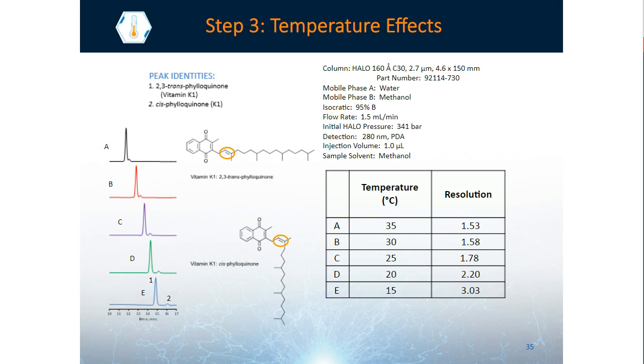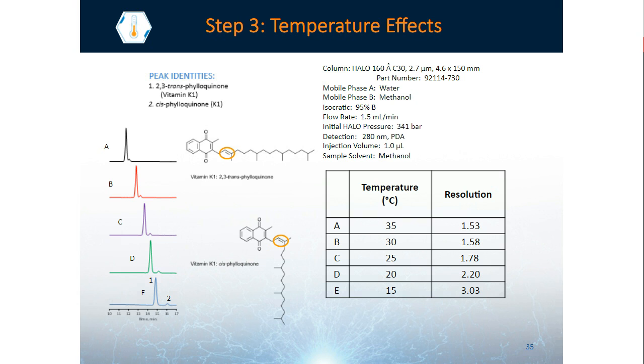So for the A condition, we're running at 35 degrees C, and the resolution is 1.53. If we decrease the temperature by 5-degree increments, you can see that we start to get baseline resolution just by running at 30 degrees. And we're able to go all the way up to condition E, which is 15 degrees C with a resolution of 3.03.